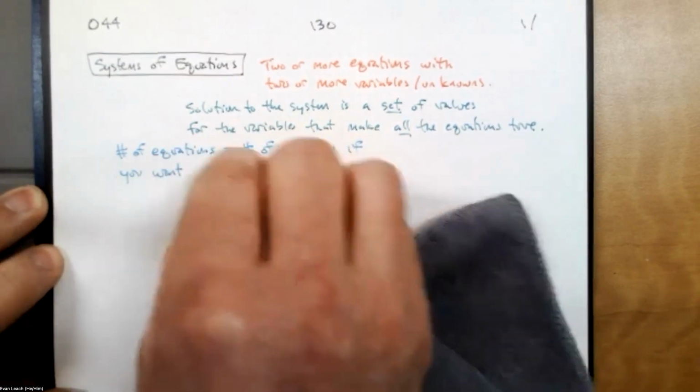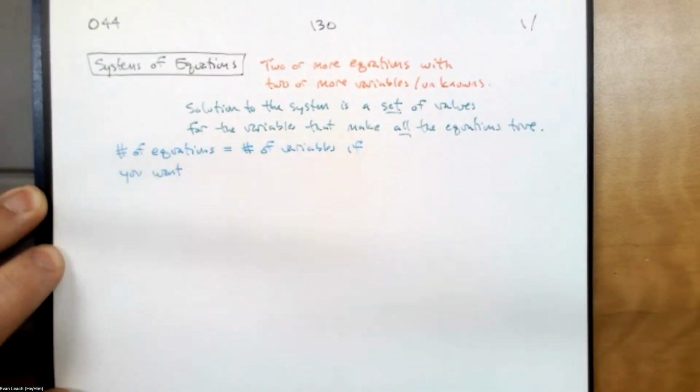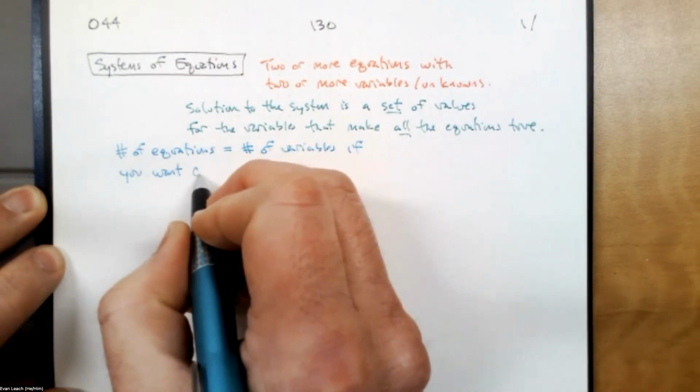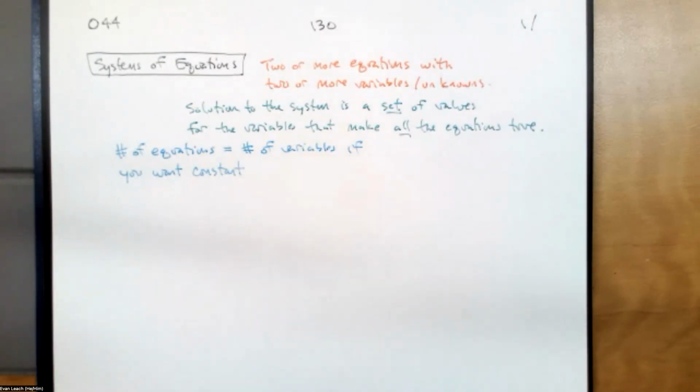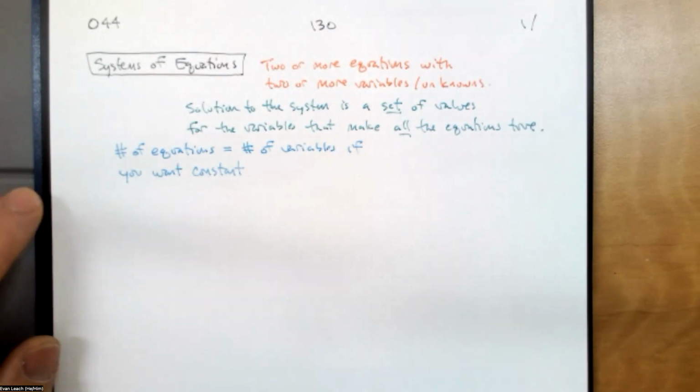I'm going to say constant solutions, because I said systems of equations, not systems of linear equations. What I mean by constant solutions is that all the variables are given one constant, and then that set of constants satisfies all the equations.